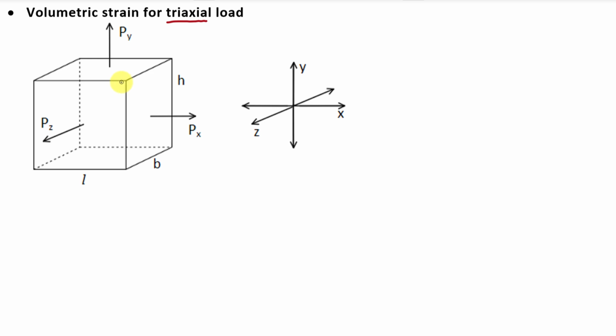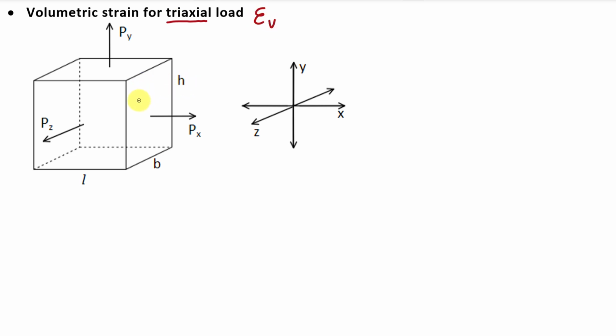So this body will be in equilibrium. Fine. Here we apply three different loads in three directions X, Y and Z. So this condition is called triaxial loading condition. And in this condition we are going to find volumetric strain epsilon V.